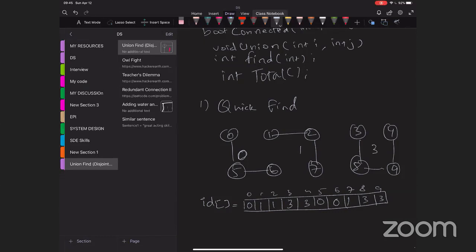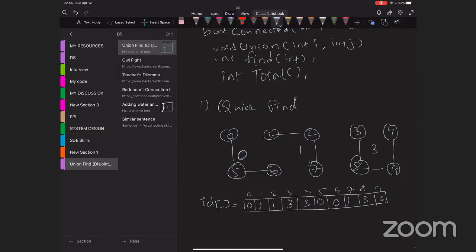This is how I'm going to maintain my data structure, and then I can answer all my questions. If I say find of integer 1, find 1 is going to give me 1. Find 6 will give me, can anyone tell me? 0, right? And then I'm going to answer questions like connected 0 and 1.